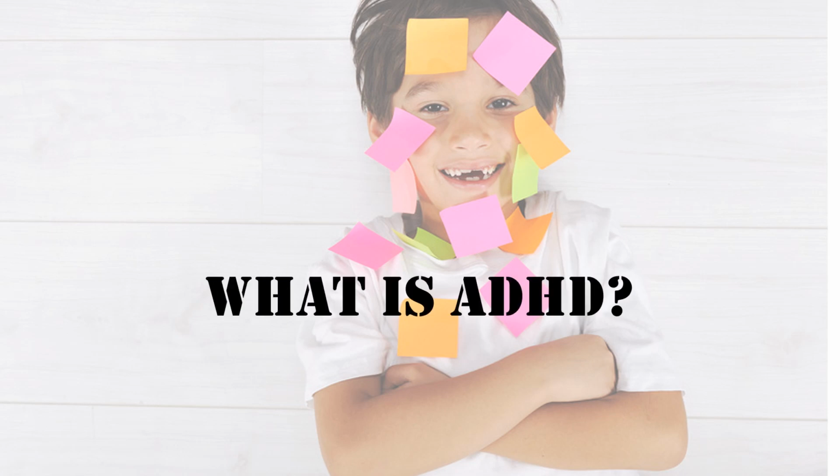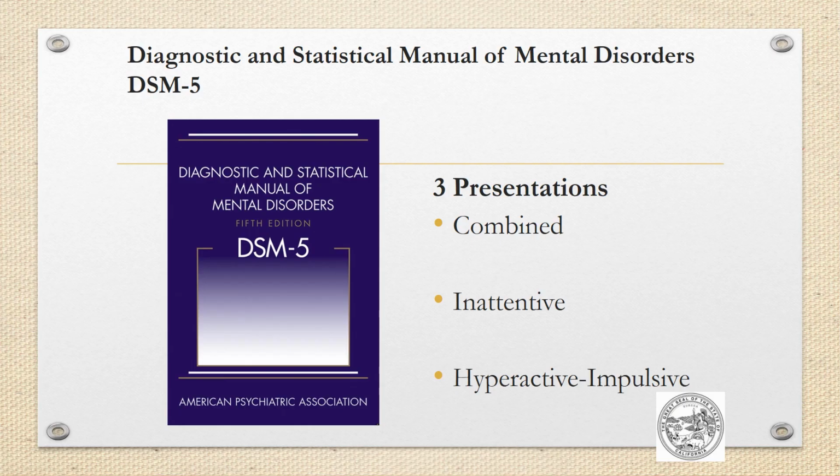So how does this relate to ADHD, and what exactly are we talking about when we're using the term attention deficit hyperactivity disorder? ADHD is diagnosed using the Diagnostic and Statistical Manual of Mental Disorders, number 5. And in the DSM-5, there are 3 presentations for ADHD.